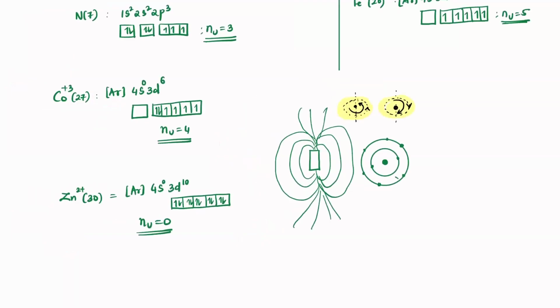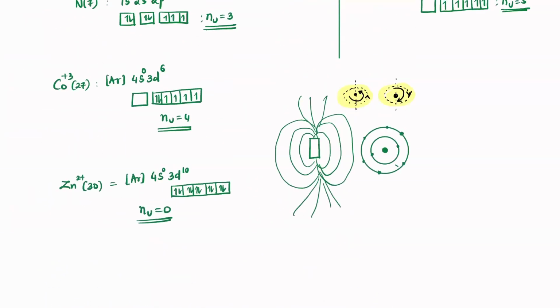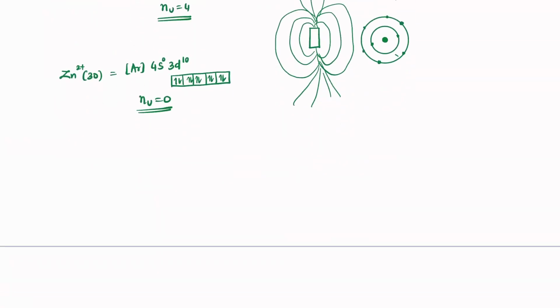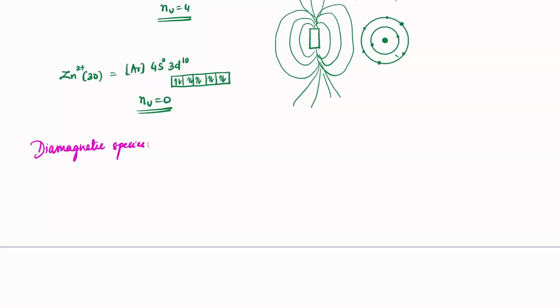Such types of species we call diamagnetic species. So, a species with number of unpaired electrons zero is called a diamagnetic species.